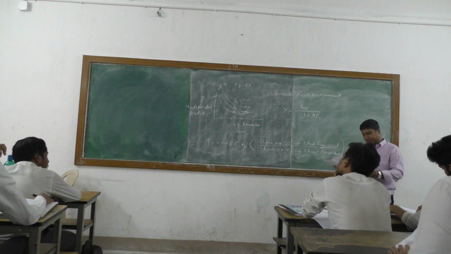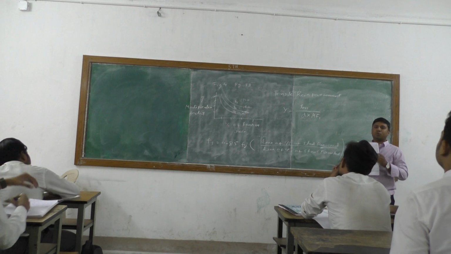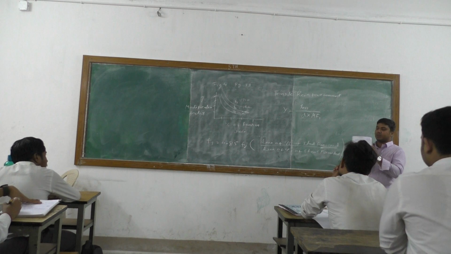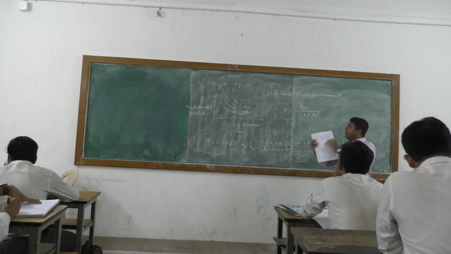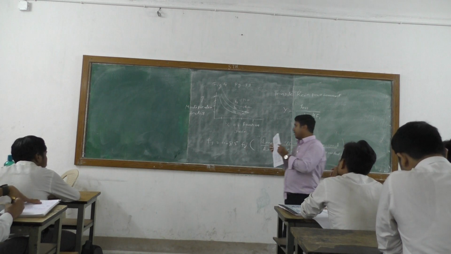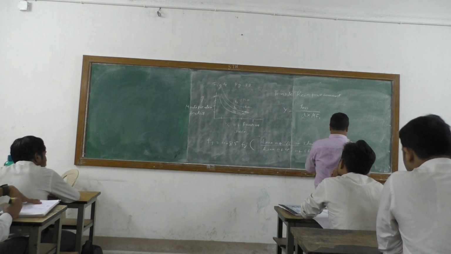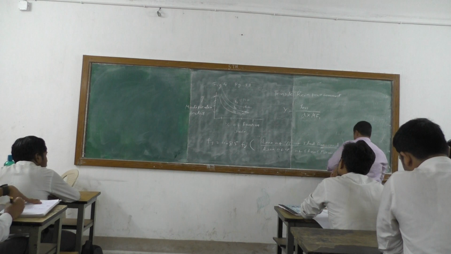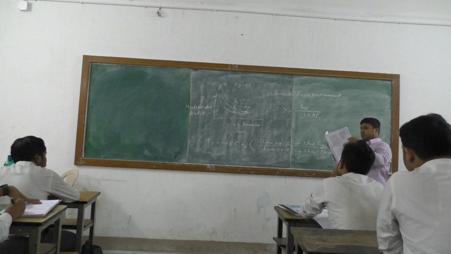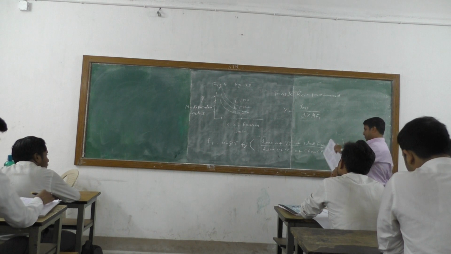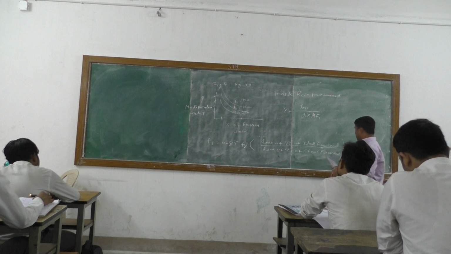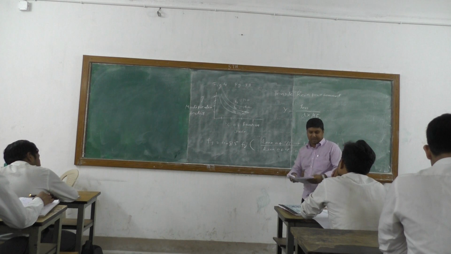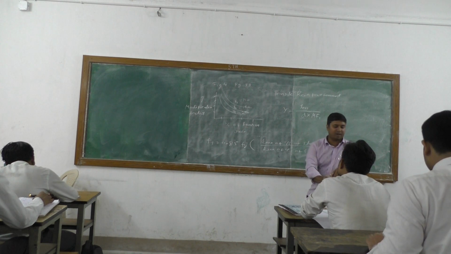Next, we'll go to the next page, page number 39. Go to page number 39, the next chart, that is figure number 5. This figure gives the modification factor for your compression reinforcement.